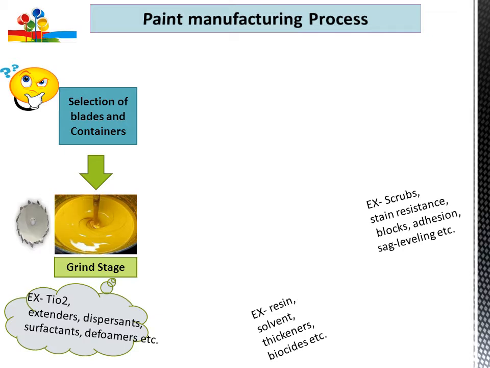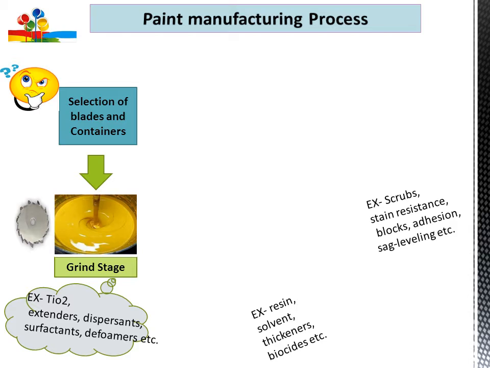This is called a Cowles type blade, just to deagglomerate the pigment and extender particles and to get proper grinding in their uniform size. And we leave it for 30 minutes of grind after adding all these raw materials.